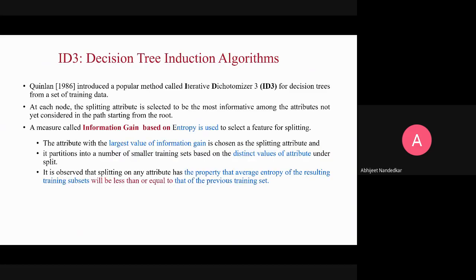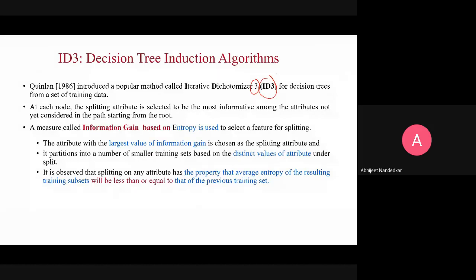Now we will move on to the actual algorithm called ID3. The ID3 decision tree induction algorithm was proposed in '86, and the method is actually called Iterative Dichotomiser 3, so the short form is ID3.